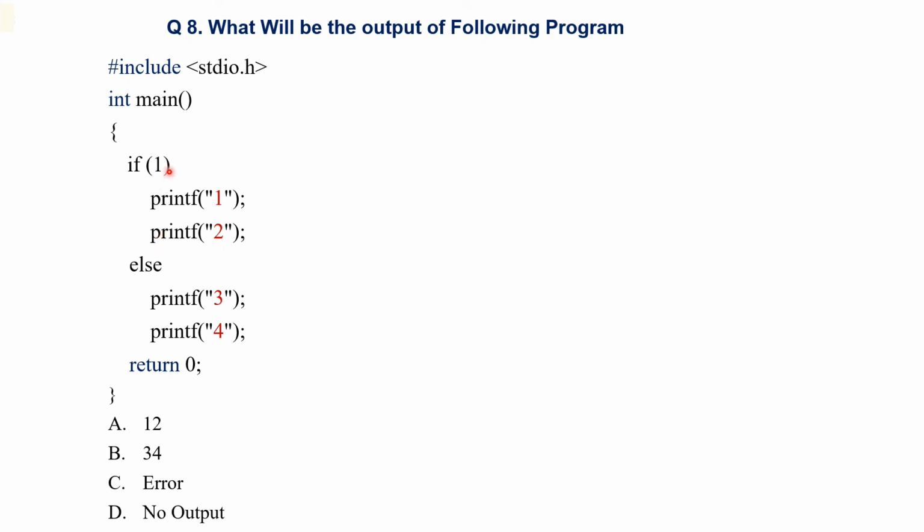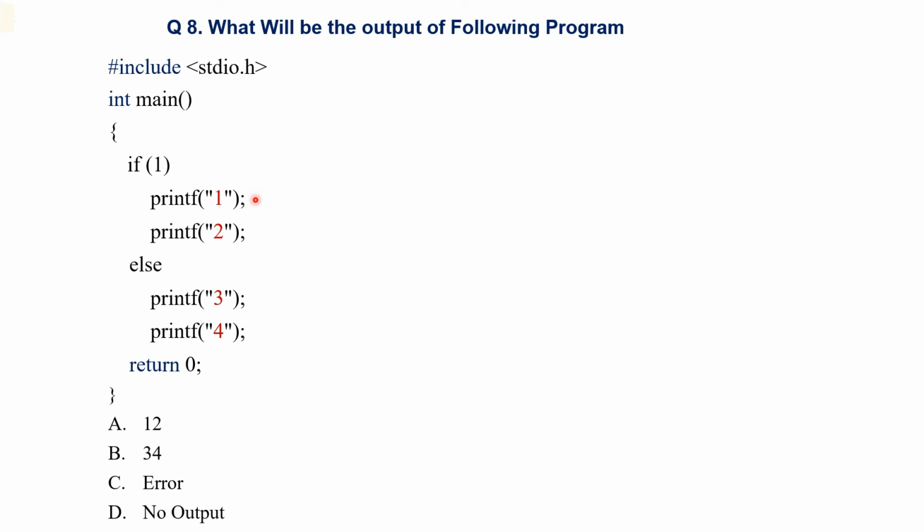If you want to execute two statements according to the condition, then you must place an opening brace here and the closing brace here. And if there are no opening and closing braces, then only one statement after the if statement will be considered, and hence this if statement will be terminated with this statement only.